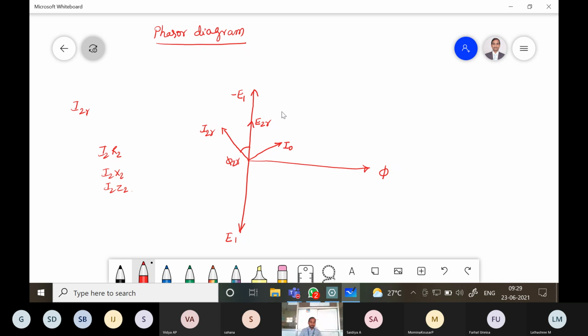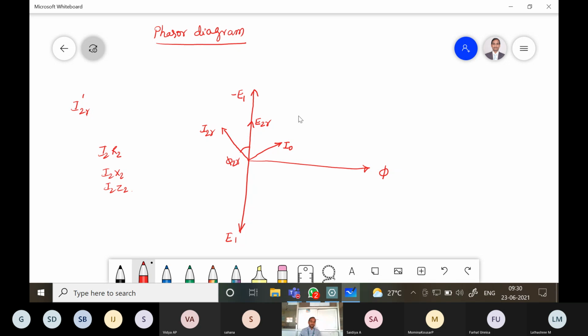So now we need to draw I2R in the opposite direction to get I2R dash. So what is I2R dash? I2R dash means rotor current under running condition with reference to the primary side or stator side, that is called dash.